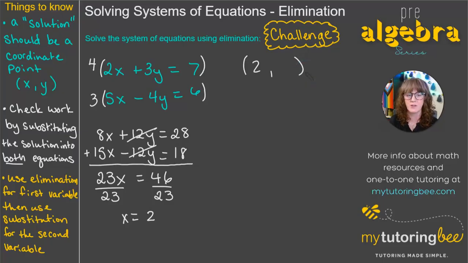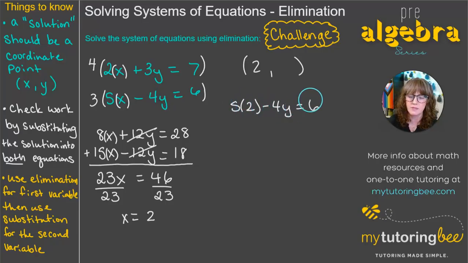Now we need to find the y portion. Now that we're here, this part's pretty easy and very similar to the last two problems. We know that x equals 2, so we can sub that in either in this equation or in this equation, or even in these other two equations, but I'm going to stick with one of the originals. I'm just going to go ahead and use the second equation. 5 times 2 minus 4y equals 6.